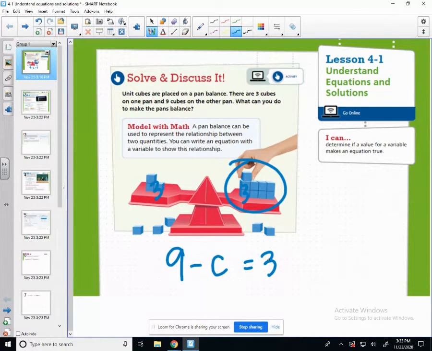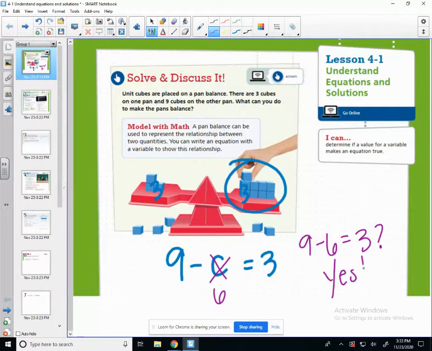Well, I know that 3 plus something equals 9, right? I know that 9 minus 3 will give me a number. So then I know that if I have a 6 here, if I change this out, and I have a 6, and now I have 9 minus 6, does that equal 3?